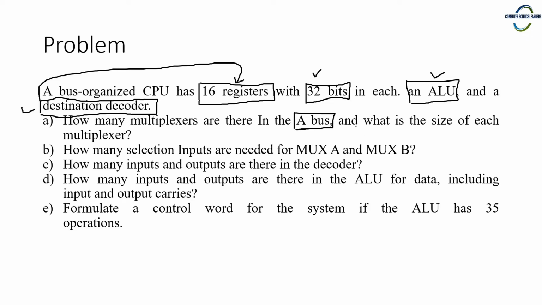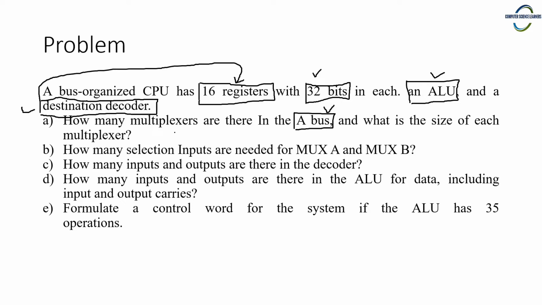So how many multiplexers are there in one of the buses? How many multiplexers are there in bus A? And obviously bus B will also have the same number of multiplexers, and the size of each multiplexer in both the buses is going to be the same, right? If you remember from the last lecture, one multiplexer is giving us one bit on the common bus line.